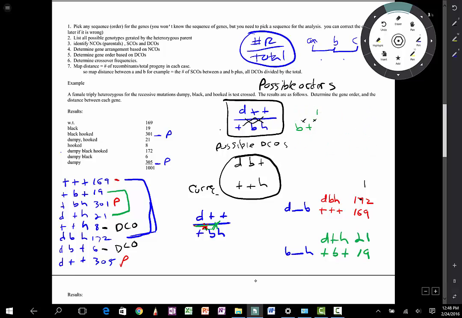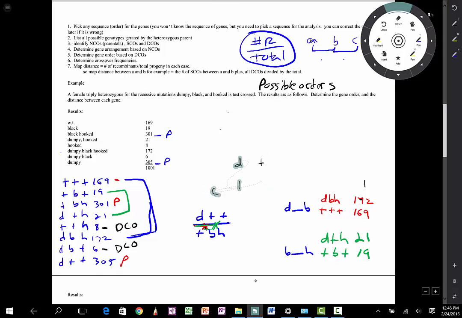So we just do some calculations at the end. All right, so I'm going to rewrite.